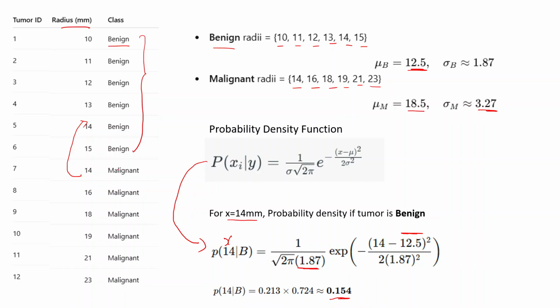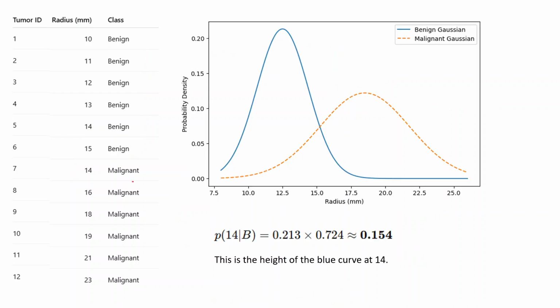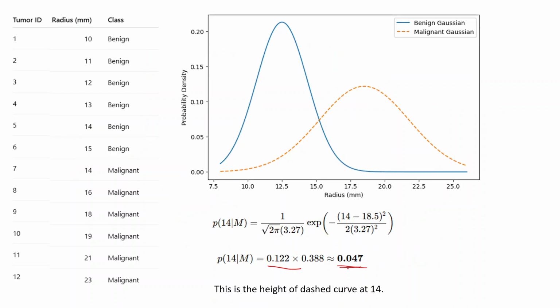Therefore, with full confidence, we cannot tell whether the 14 mm radius belongs to the benign or to the malignant. But what it is telling is, with respect to malignant, it is 0.47, the value is very less because there is only a small probability that it may belong to the malignant, but a very high probability that it may belong to the benign case.